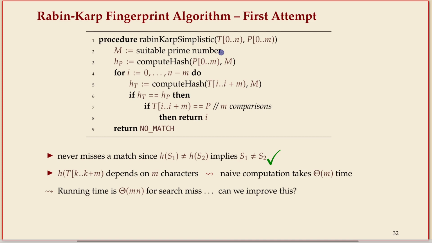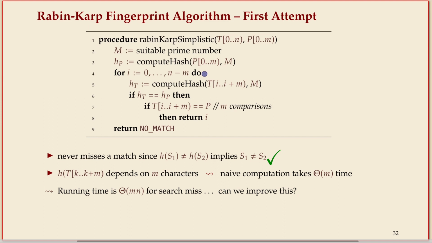And the choice has something to do with the performance guarantees at the end. Then we compute the hash of the pattern. We take the entire pattern and compute a number from it using essentially that scheme. So you interpret the letters as digits in a number of base sigma, and compute the modulus of that number with respect to m.